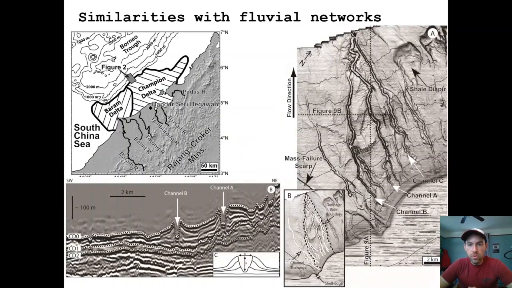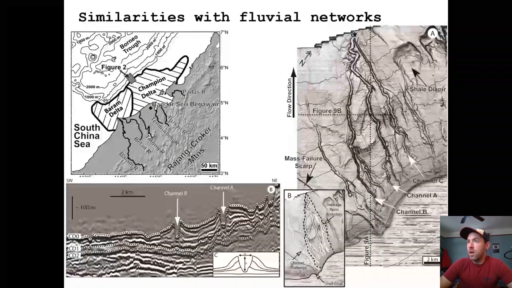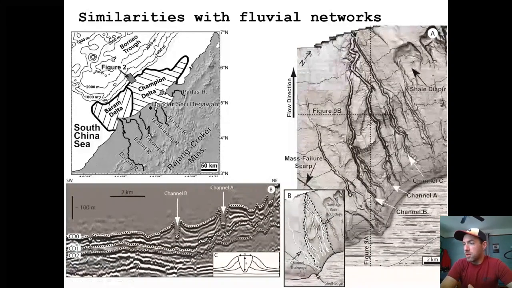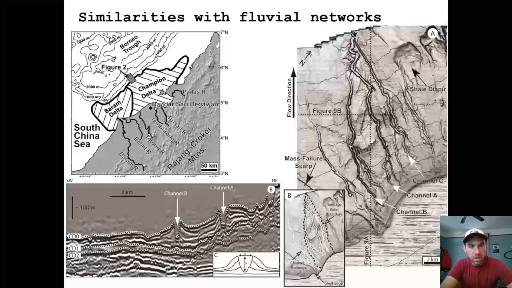And similar to fluvial drainage networks, you can get integration of drainage networks and tributary and distributary systems in fluvial systems, and you can get similar in submarine systems.